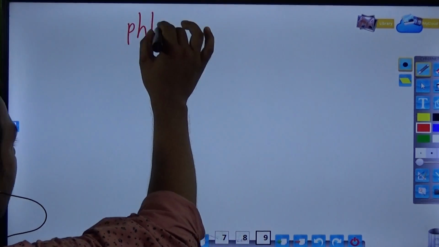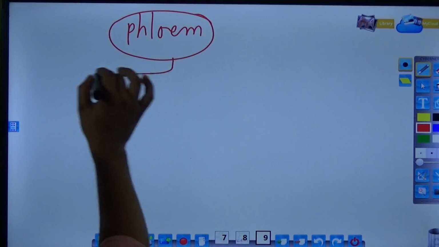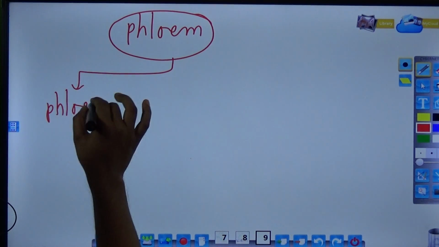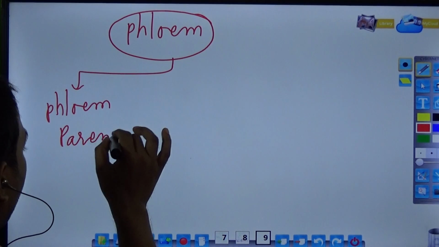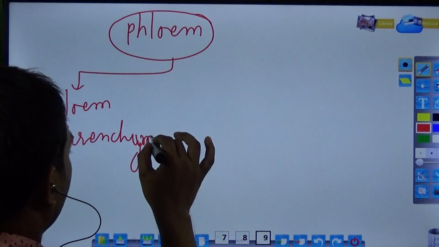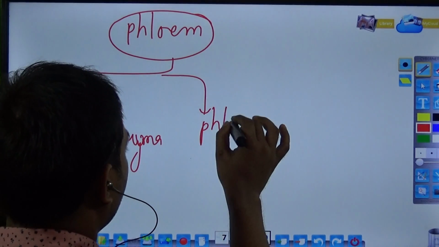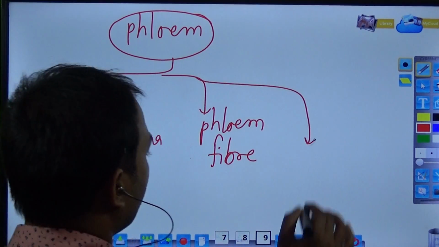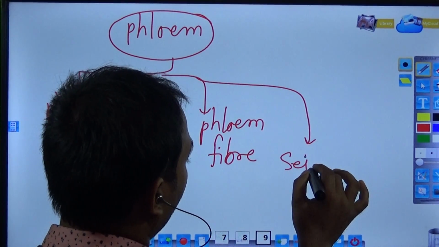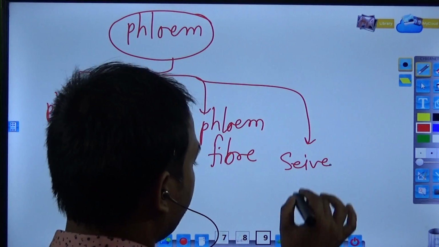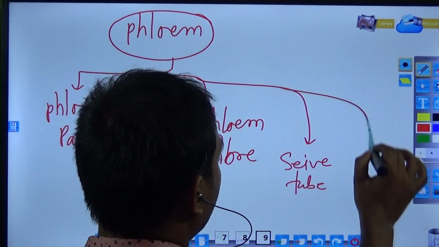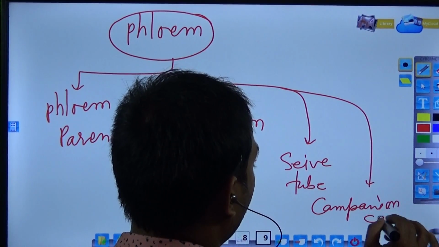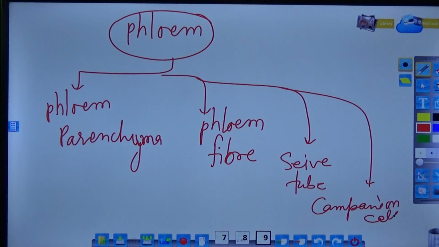Phloem has phloem parenchyma, second phloem fiber, third sieve tube, and fourth companion cell. This is the component of phloem.